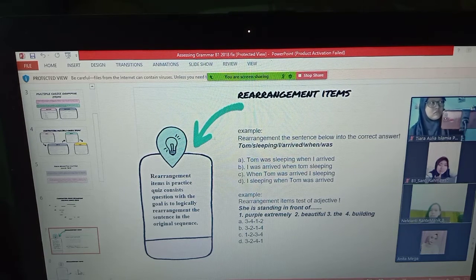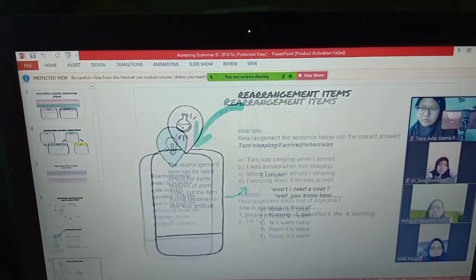Karena di sini ditandai dengan kata adjektif yang di mana diawali dengan kata beautiful. Lalu sebagai pelengkapnya di sini ungu sangat cantik, ungu yang cantik, sebagai pelengkap dari kata sifat adjektif yaitu beautiful dan diikuti dengan building yaitu sebagai objektif.